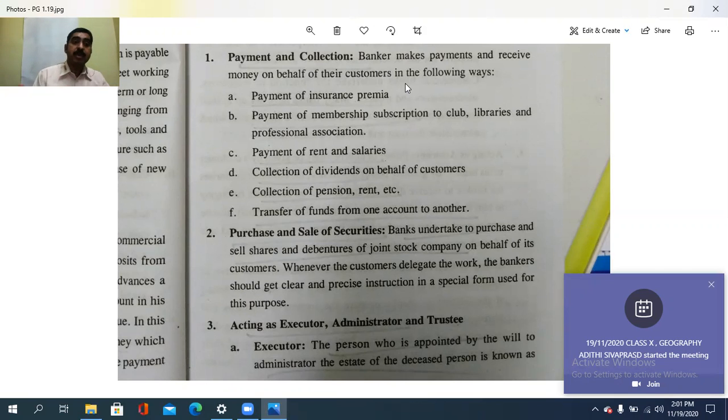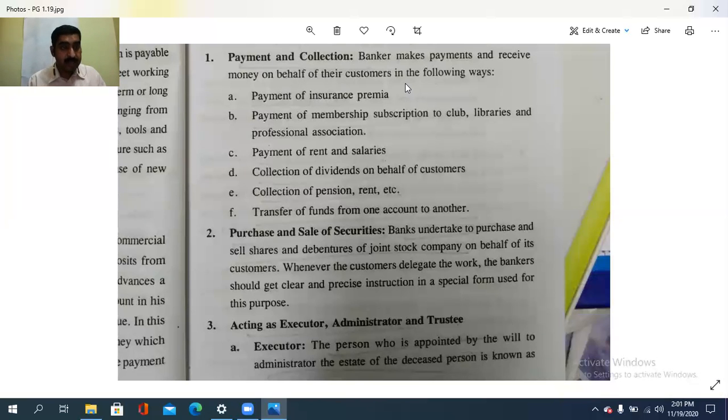Like several payments like insurance premium, rent and salary, then membership subscription fee, and there is collection of pension on behalf of another person. So some agency services are to be acting as an agent. That is the thing. Second, purchase and sale of security. What is it?